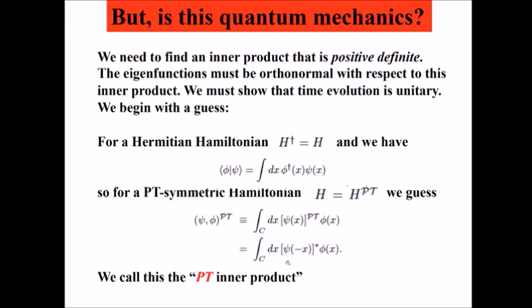You can ask, can you find an inner product that is positive definite? Okay, the eigenfunctions must be orthonormal with respect to this inner product, and you have to show that time evolution is unitary. Okay, and I have a feeling it's getting late for you, and I probably shouldn't explain it to you, but maybe I will just say one or two words about it if you would like.